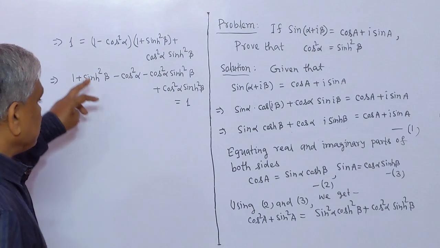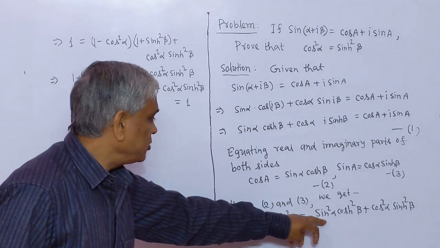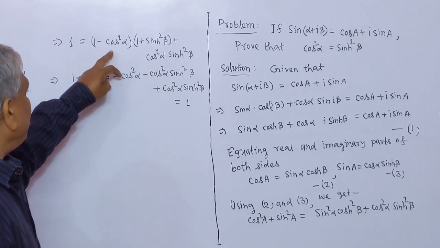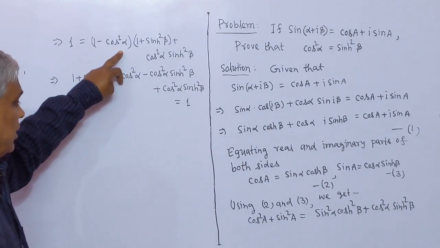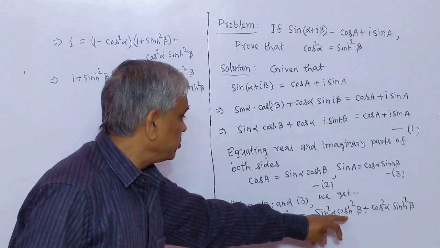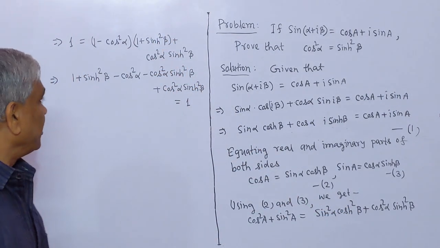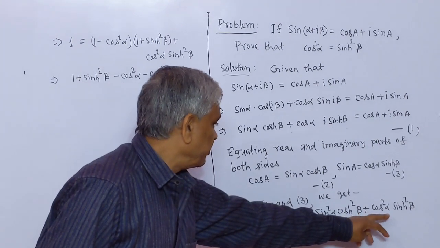Cos square A plus sin square A equal to 1, and in right side sine square alpha equal to 1 minus cos square alpha, and cosh square beta equal to 1 plus sinh square beta, and this term remains same.